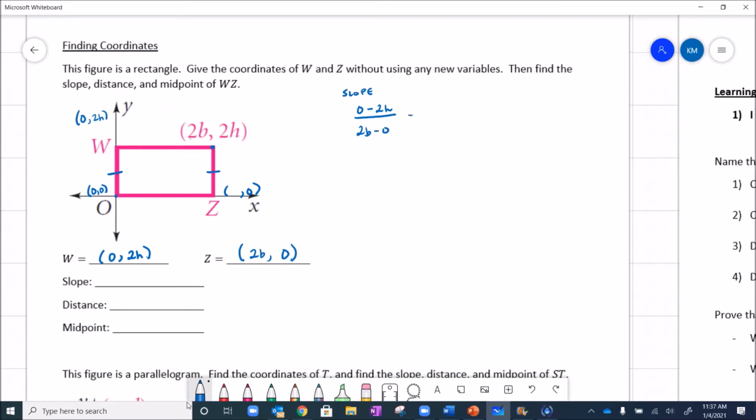And so I have negative 2h over 2b. And looking at this, I want to simplify if I can. There's a 2 that fits into both of these, and so the slope just becomes negative h over b.